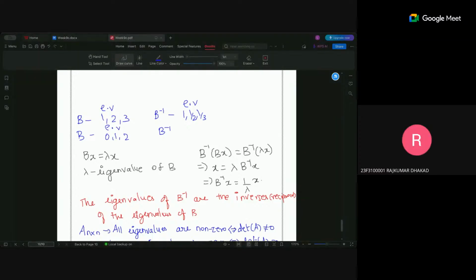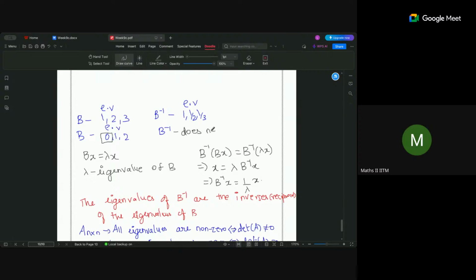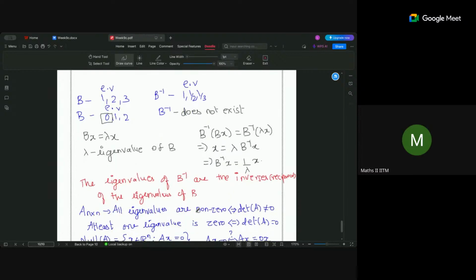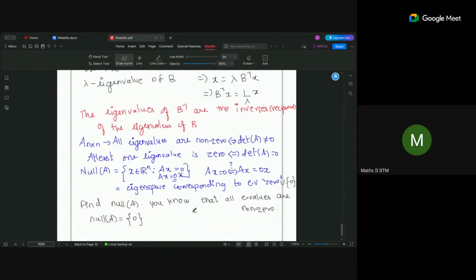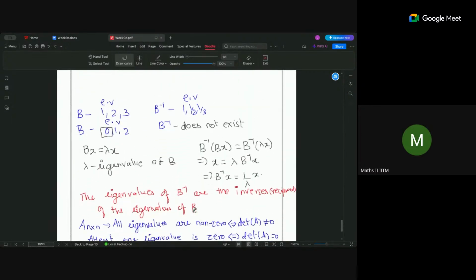The inverse of 0 doesn't exist. See, you have a 0 eigenvalue. It means the inverse does not exist. The matrix cannot be invertible. So if one of the eigenvalues is 0, the determinant is 0. It means the inverse does not exist. Okay? Remember it. So these are some important points I noticed and I wanted to tell you.